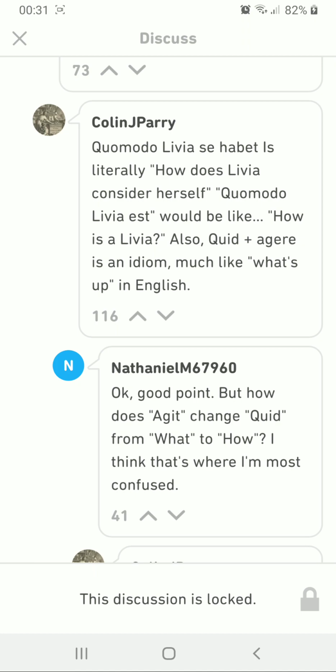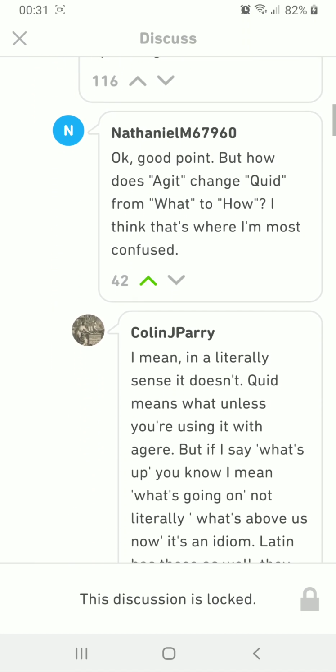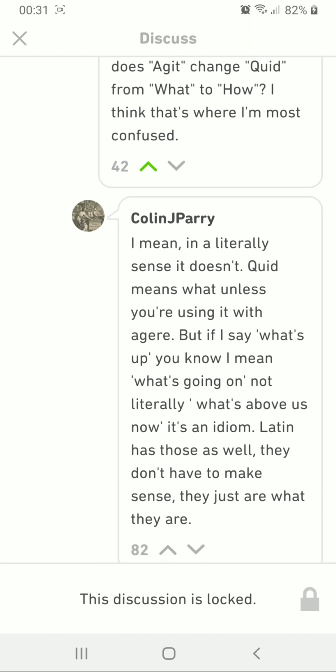Okay, agere is the infinitive, agit. So okay, good point, but how does agit change quid from what to how? I think that's where I'm most confused. Yeah, that's a good question. I will give it a thumbs up.